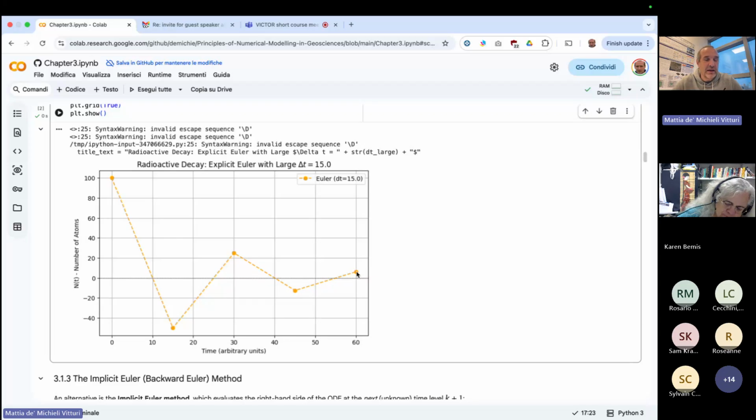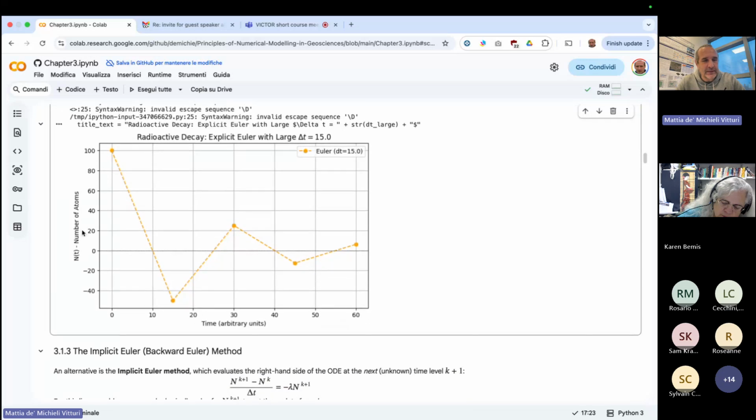Is it possible to have a negative number? No, so it's not even a physical solution. So we have seen that this explicit method, it's extremely easy to apply and to implement, but it could be unstable if we take a time step which is too large.